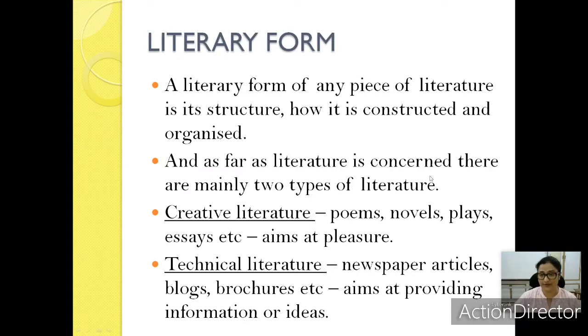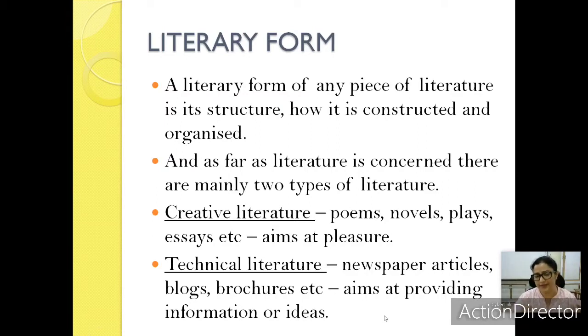As far as literature is concerned, you have two types: creative literature, which includes poems, novels, plays, essays, etc. The aim of creative literature is to give you pleasure, the pleasure of reading. Then you have technical literature, which includes newspapers, articles, blogs, brochures, etc. The basic aim of technical writing is providing you information or ideas.